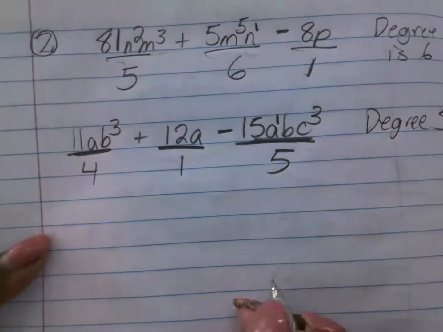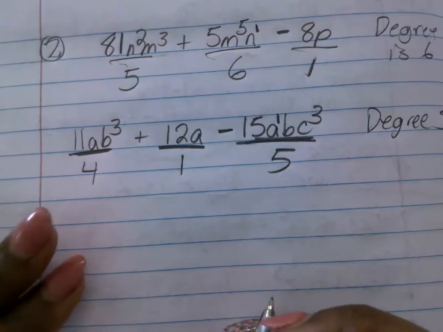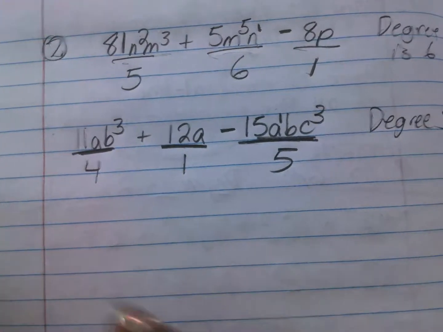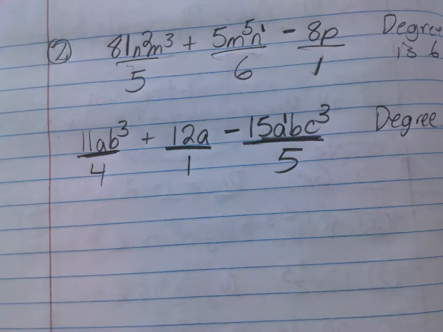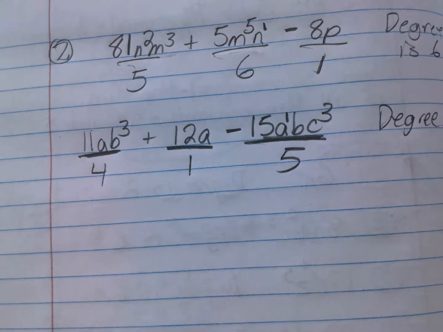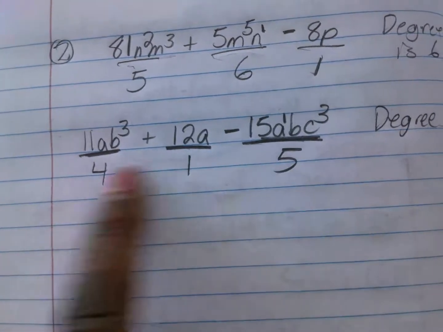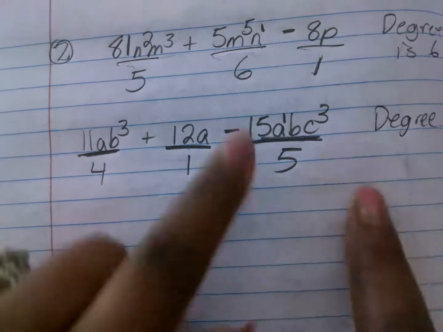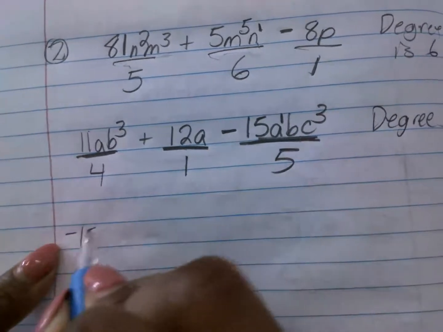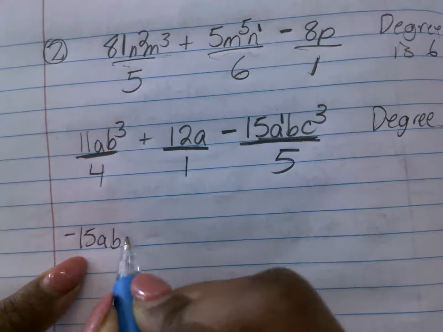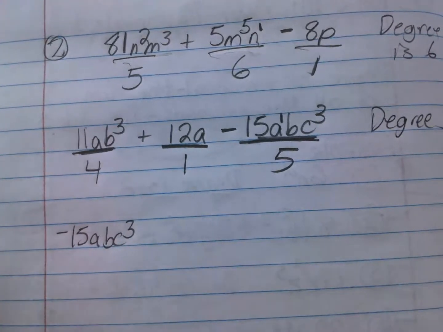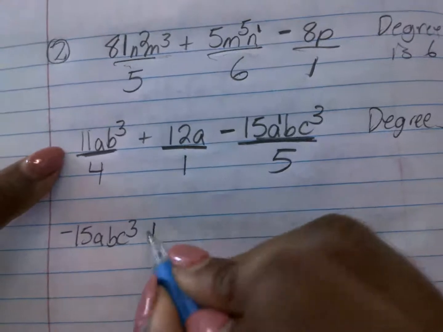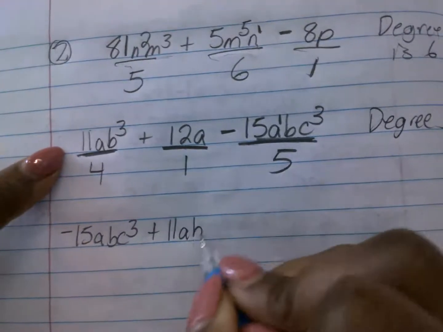All right. So now, when you're ordering these, you order them by degree. The highest degree goes first, and then up to the smallest. So which one of these has the highest degree? So this one goes first. That's negative 15ABC to the third. Okay, and then what's the next one? The first one. So that's plus 11AB to the third.